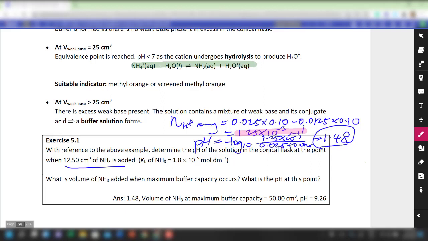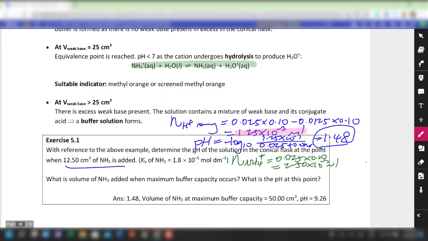And then what is the volume of ammonia added when maximum buffer capacity occurs? So I think I briefly ran you through the thought process just now. You can determine by looking at the amount of ammonium being formed when 25.0 cm³ of ammonia has been added. So that essentially is 0.025 multiplied by 0.10, which will be 2.50 times 10 to the power minus 3 moles.